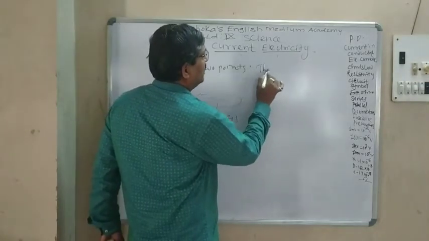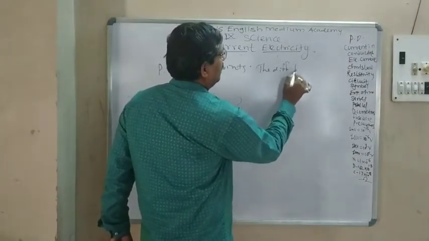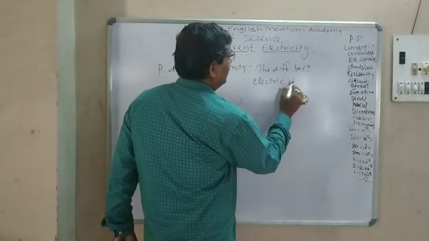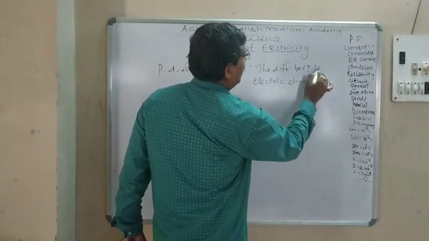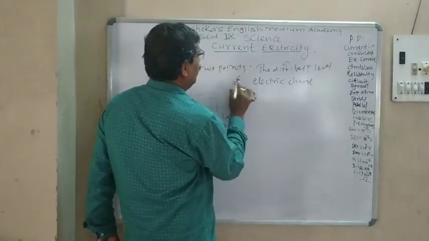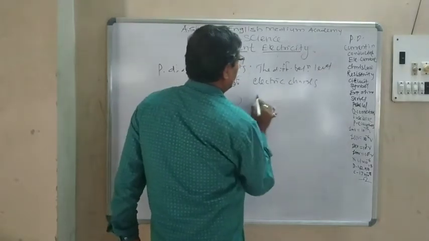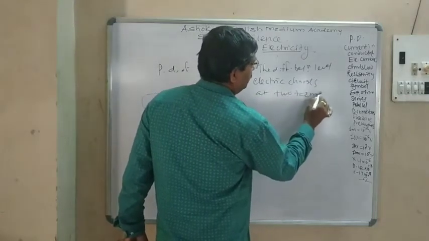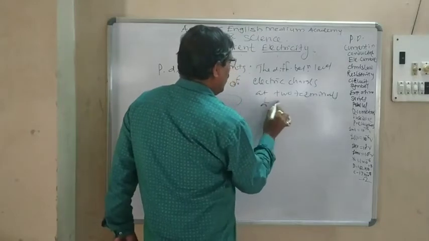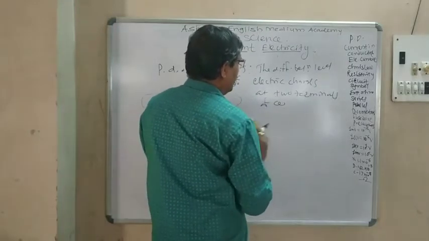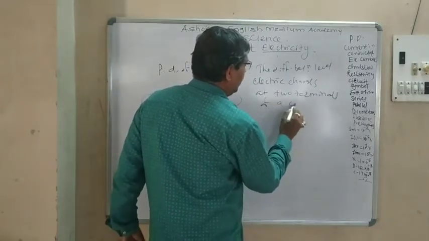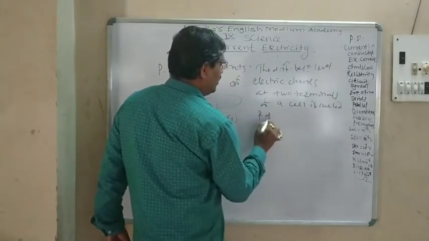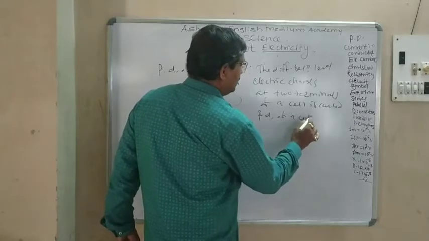Therefore, the difference between the level of electric charges at two terminals of a cell is called potential difference of a cell.